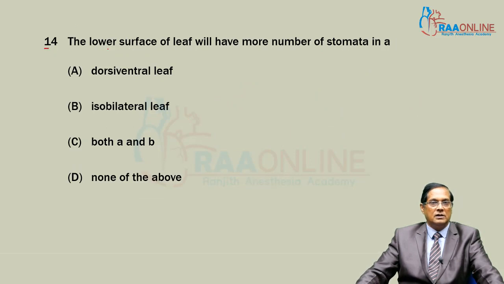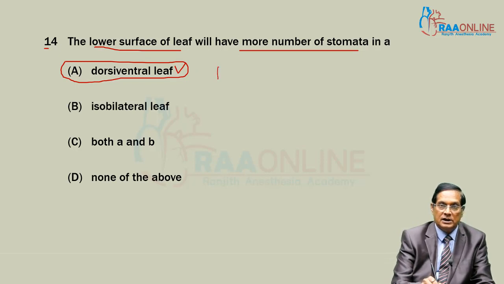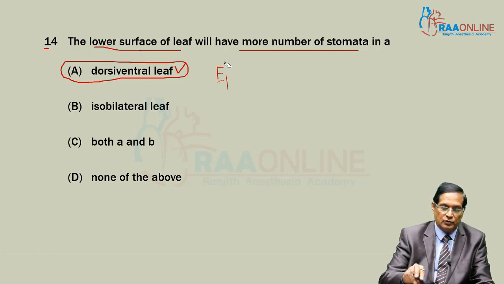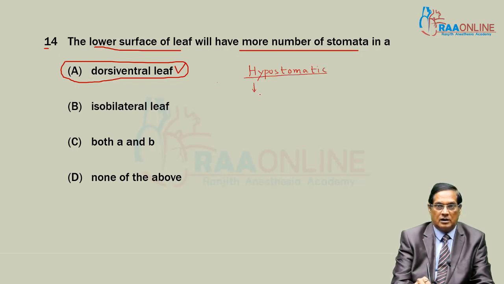14th question. Lower surface of leaf has more stomata. This is seen in dorsiventral leaf. Dorsiventral leaf is either hypostomatic or amphistomatic.